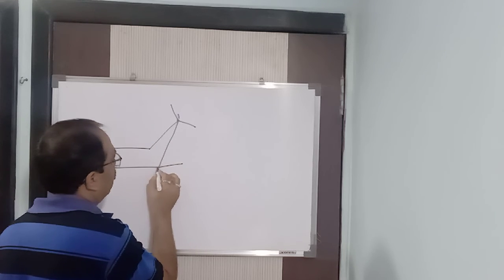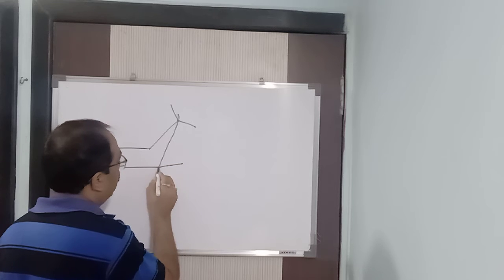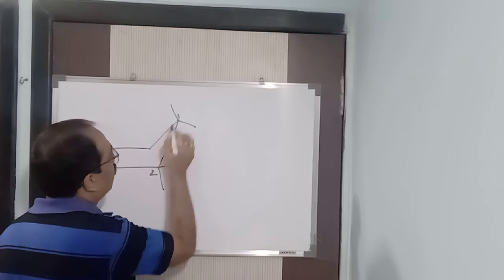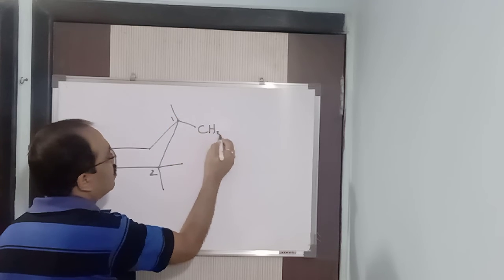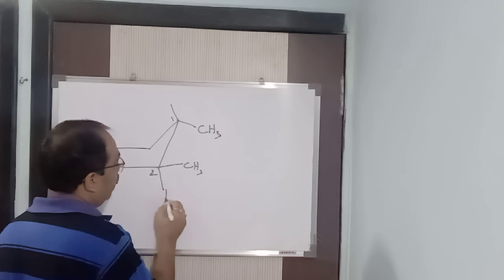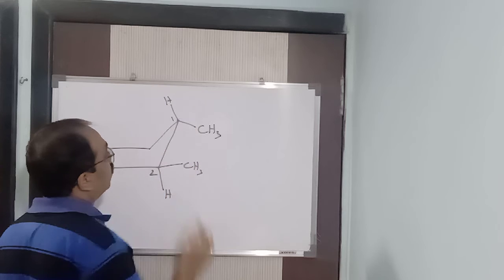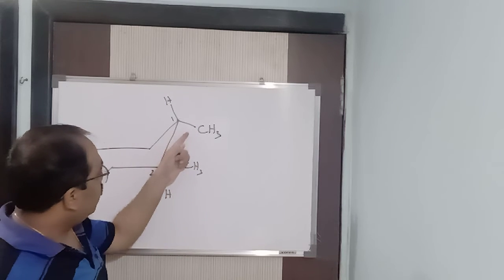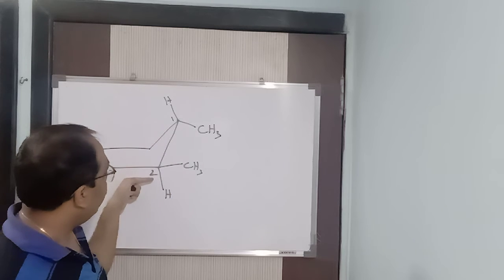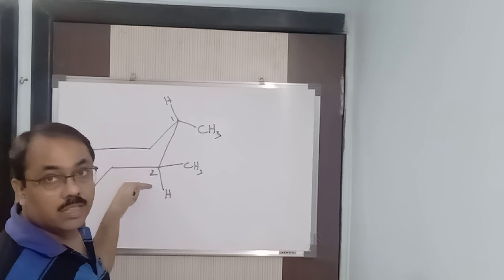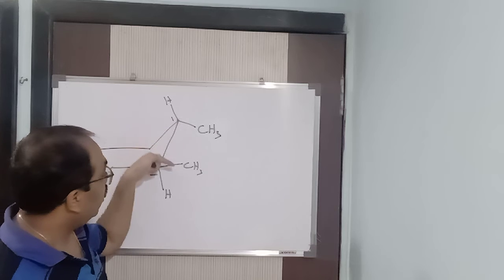This is the second carbon atom, this is the first carbon atom. Let me write it. So we have CH3 and CH3, and we have H and H. In the equatorial position we have the CH3 group, and in the axial position we have the H and H.